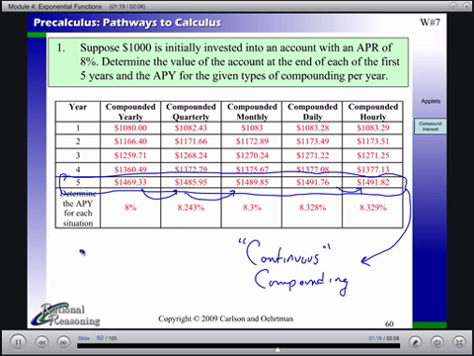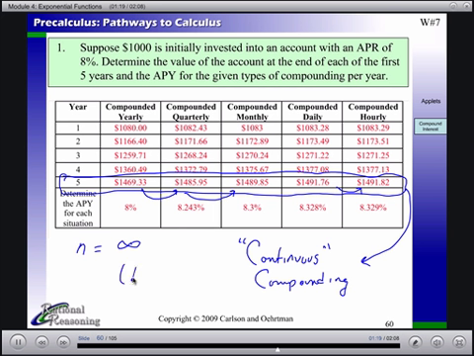So with continuous compounding, what is n? How many times are we compounding in a year if we're compounding continuously? Infinite, right? It's like every single moment of time we compound. So our formula isn't going to work, right?